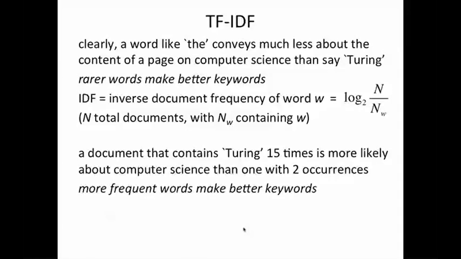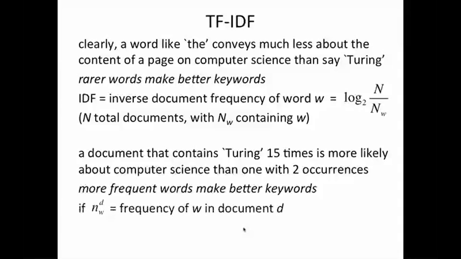So the second principle that we apply in our intuition is that more frequent words make better keywords. More frequent in the document that we are considering, not more frequent in general. So rarer words overall, but more frequent in the document that we are considering.